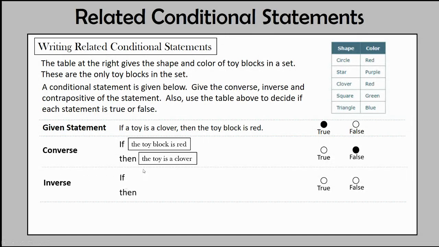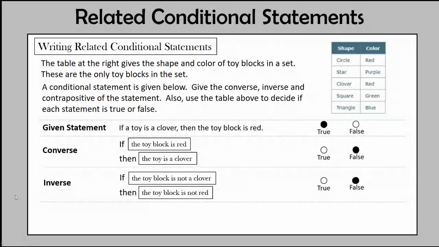All right. The inverse. Take your original statement and negate them both. If the toy block is not a clover, then the toy block is not red. Well, again, this is false because if it's not a clover, that means it's a circle, star, square, or triangle, and the circles are red. So it could be red, even though it's not a clover. So this is false.